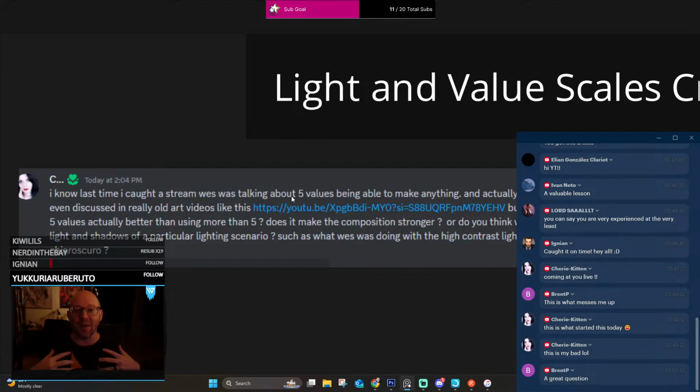That's why everything's so freaking dark. You can't tell what's going on. It's a bunch of loud noises. There's no light anywhere. It's horrifying. We need structure. And the value scale is a way to help us as the artist start developing an image in a way that is readable. That's all it really is.